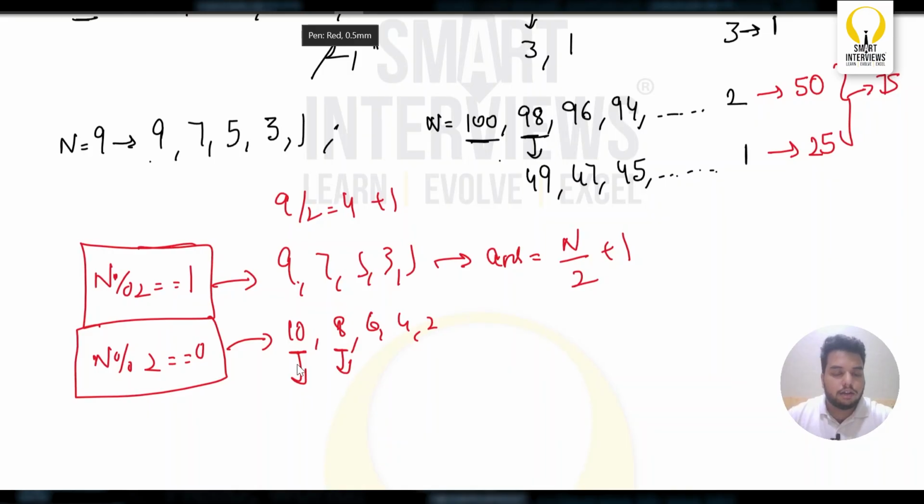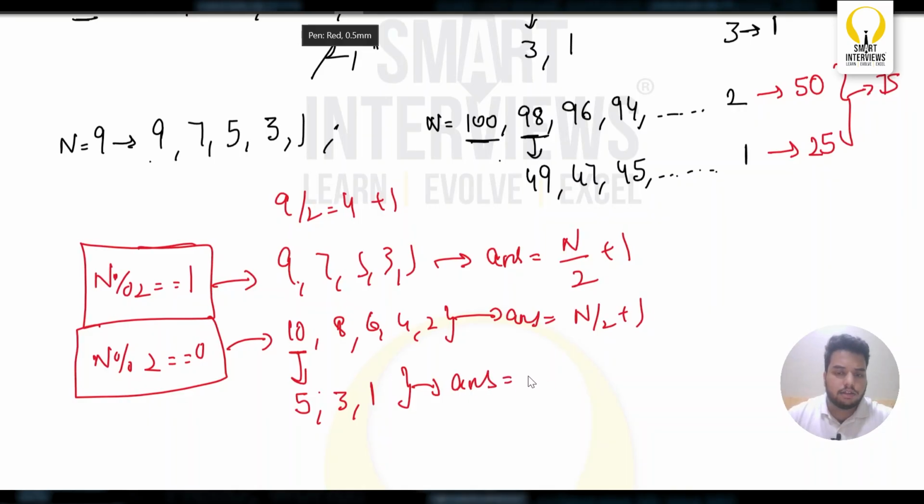If I divide 10 it becomes 5. So this is the highest possible odd number from 10 by dividing. If I get 5, I can get 3, I can get 1. So this will be the second count for the answer in case of even. So this will be n by 2 plus 1, and n by 4, or maybe n by 4, yeah.